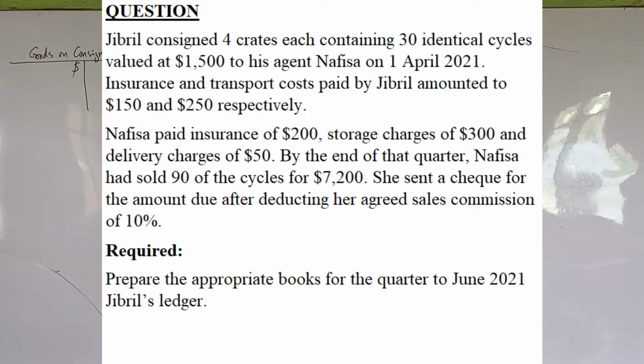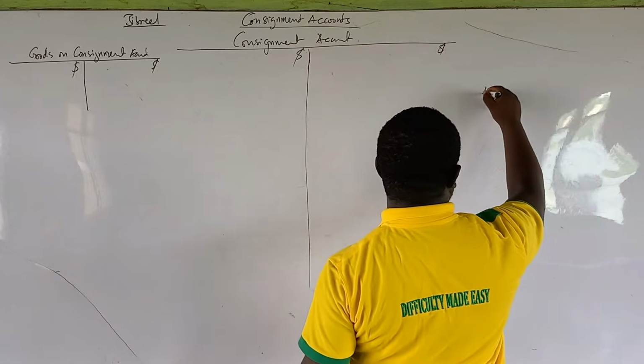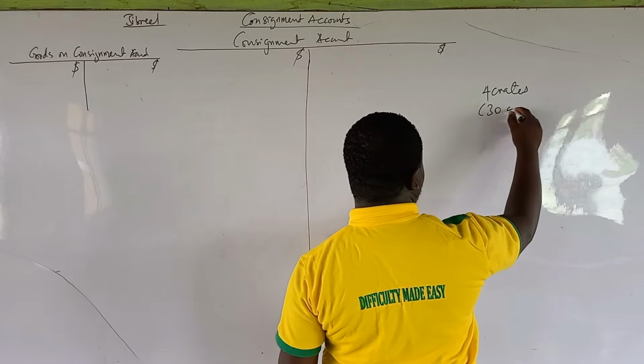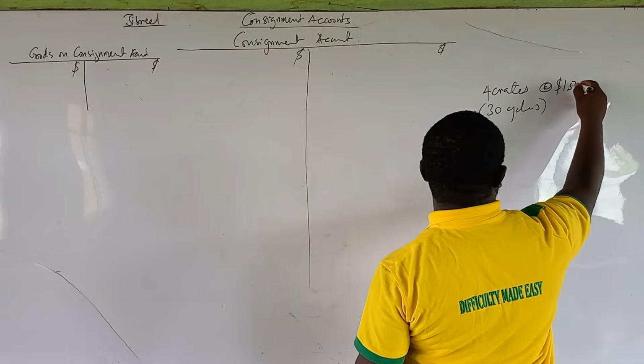We are told that Jabril consigned 4 crates, each containing 30 identical cycles, valued at $1,500 to his agent Nafisa on 1st April 2021. So what it means is that there were 4 crates, each containing 30 cycles, but the unit price per crate is $1,500.